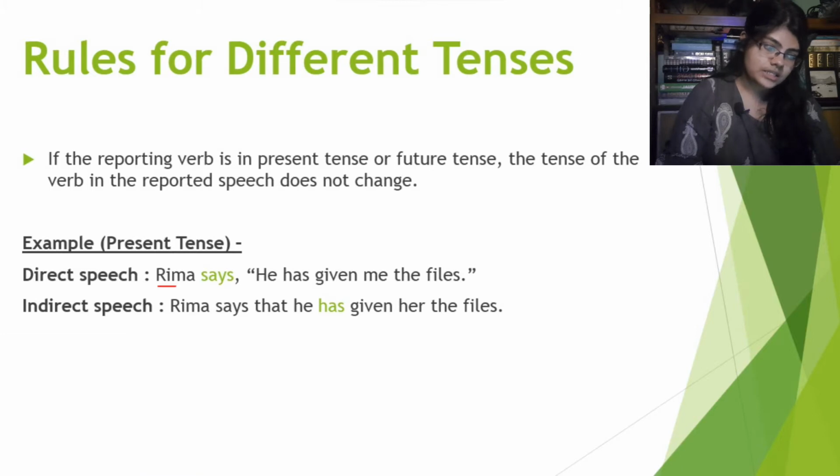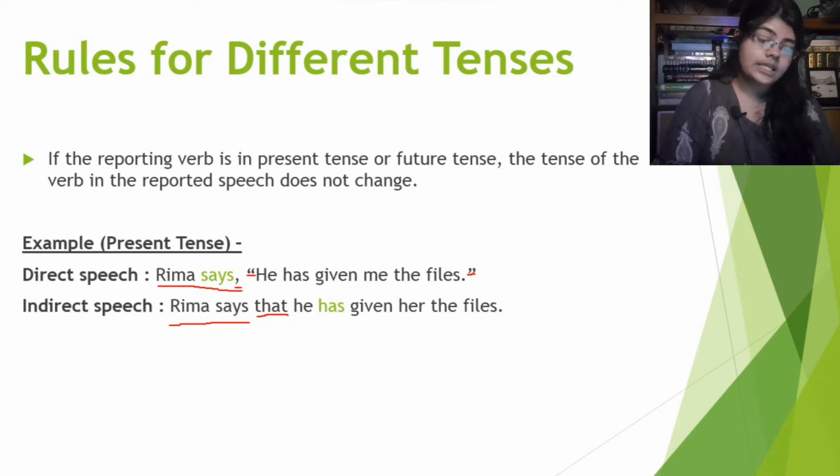Rima says will be Rima says as it is, comma will be replaced by that, the inverted commas will not be applied here. He has given me the files. What is said here? He has given her the files.